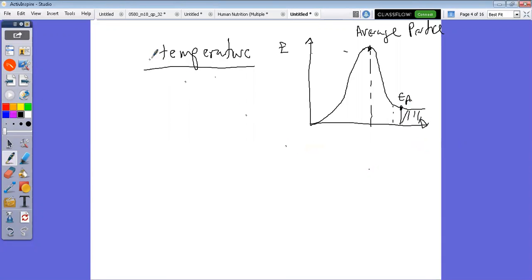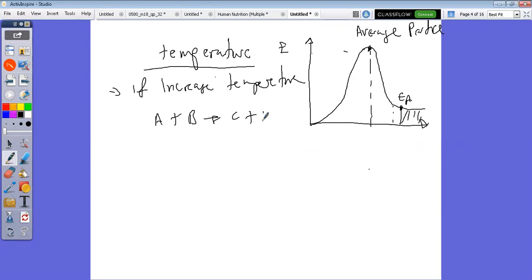So let's see what happens if we increase temperature. Let's use the same scenario where reactants A plus B form C plus D. If I increase temperature, what happens to these particles? Use your physics, your chemistry.